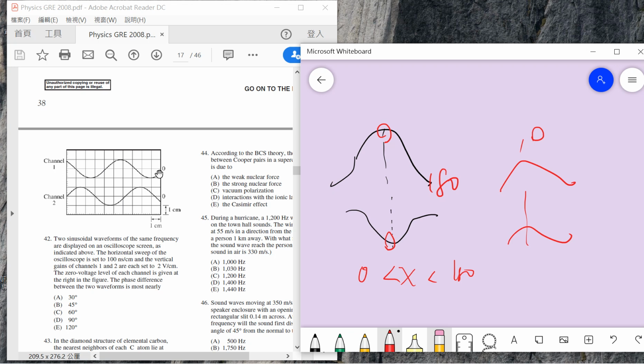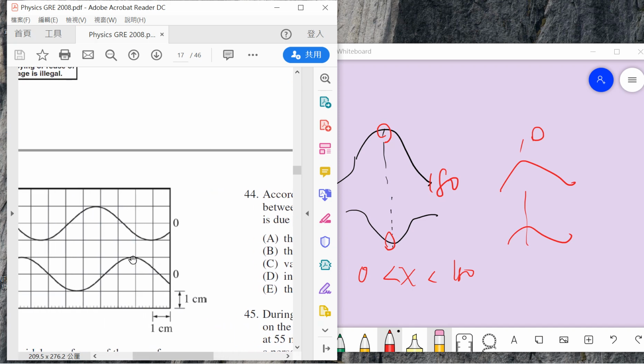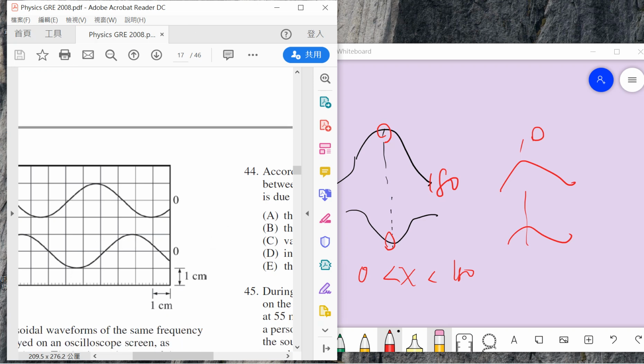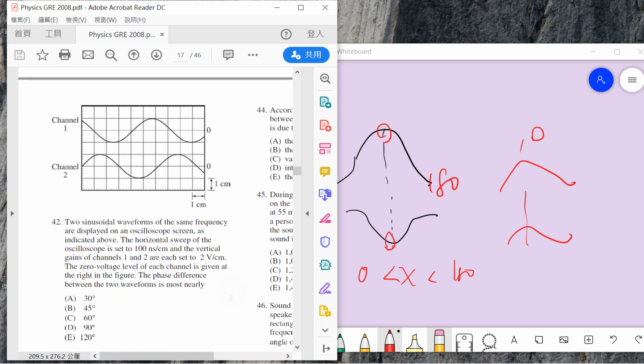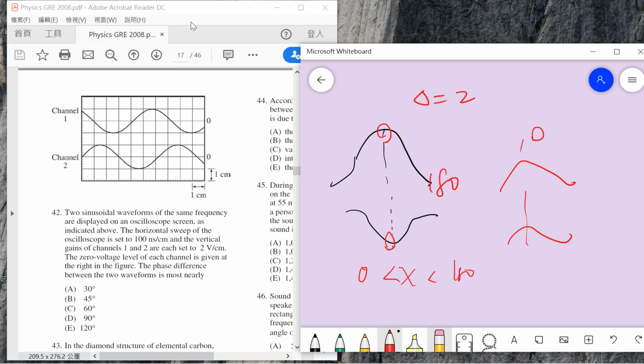Although it did not tell us anything, we can see the peak to peak difference is about 2 centimeters, and the total wavelength is about 6 centimeters.